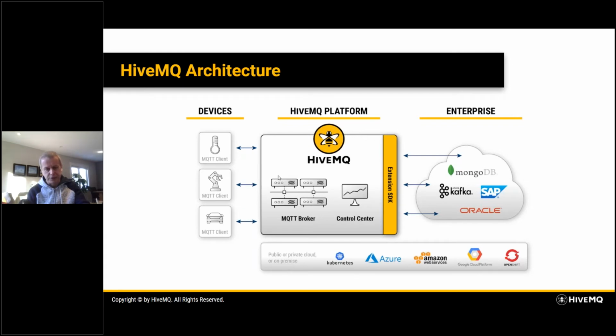So if one of the nodes goes down, all the clients connected to that node will get redistributed to the remaining cluster nodes. And so this is where the reliability comes in, because an MQTT broker can become a single point of failure in a system.